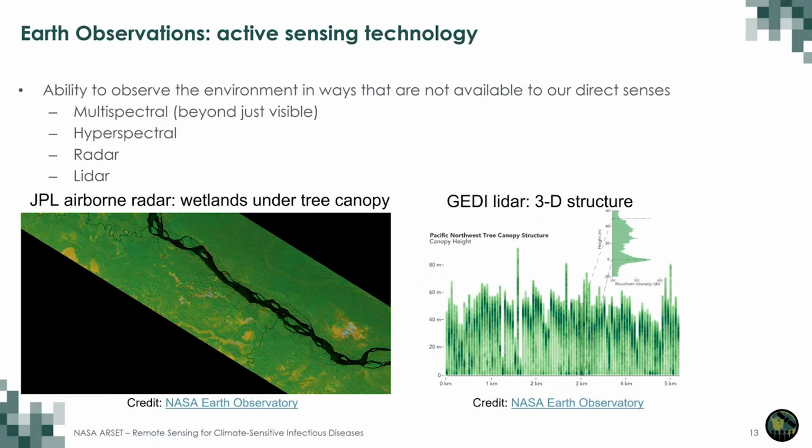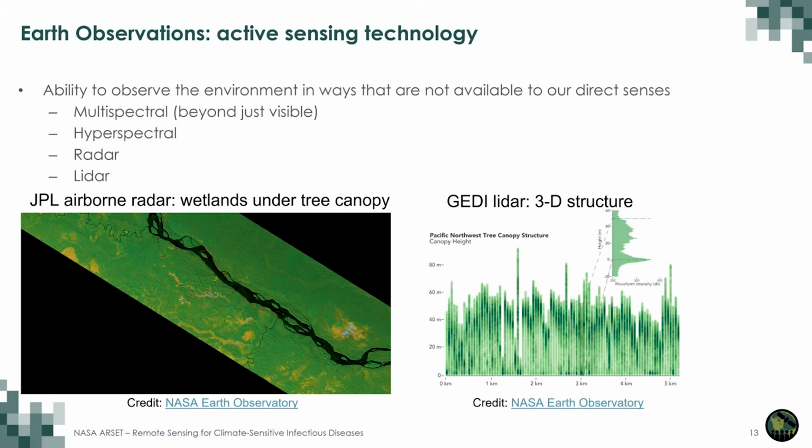And then we have even more enhanced capabilities by bringing in active remote sensing instruments like radar, which is sensing the Earth at very, very long wavelengths and therefore allows us to see under the cloud cover and under the tree canopy. Here you have an example of monitoring wetlands under the forest canopy in the Amazon, or we can monitor the three-dimensional structure of vegetation using LiDAR imagery from the GEDI instrument on the International Space Station.